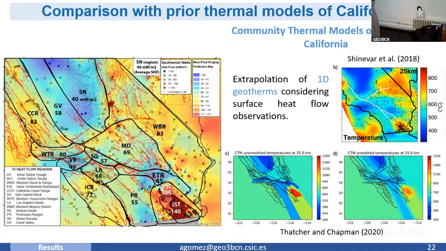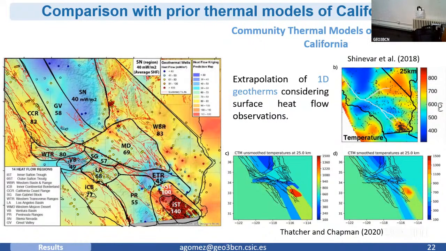With this average, they extrapolated the 1D geotherms for each of these terrains. So this is the reason why you see here such sharp boundaries for these temperature estimates, right? A similar approach has been followed by Shinevar in 2018.